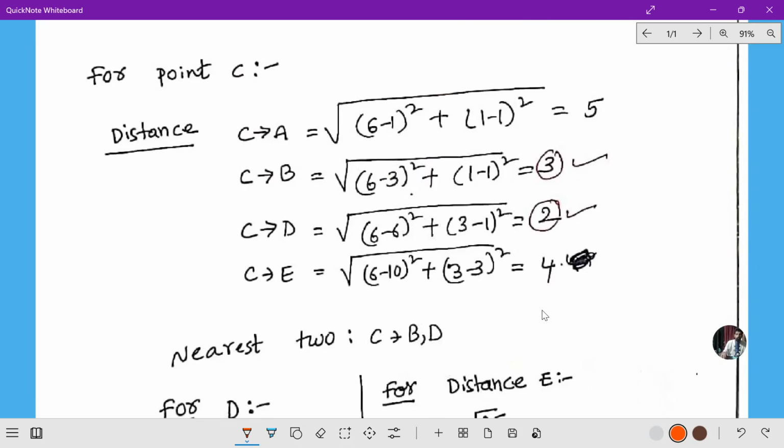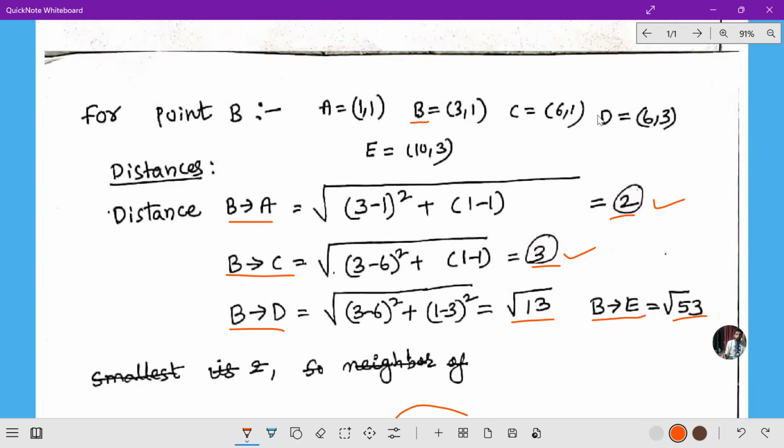Similarly, we can do for C also. So for this C, what can we write? The answer is the distance from C to A, C to B, C to D and C to E. So we need to find the values between C and A, C and B, C and D, C and E. The values of C is 6, 1.